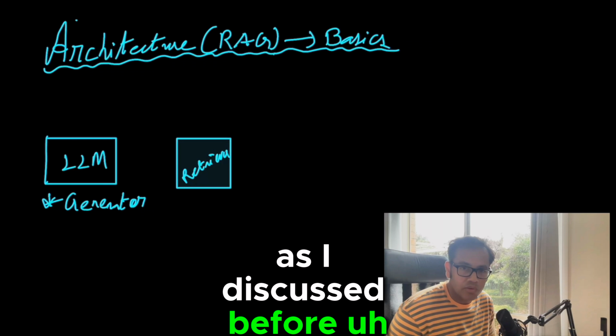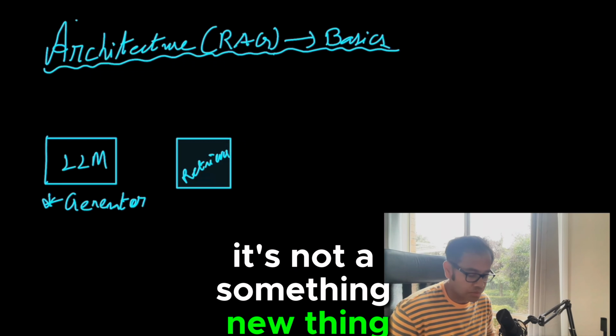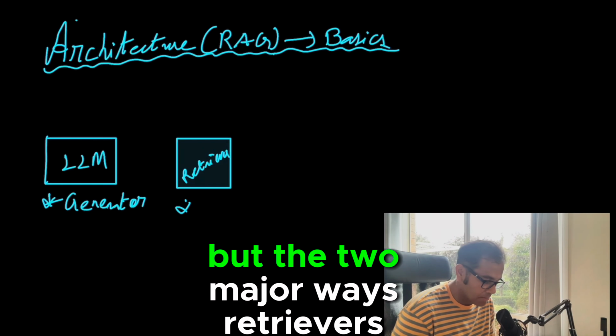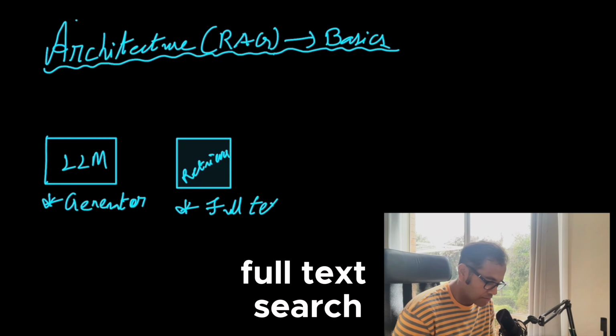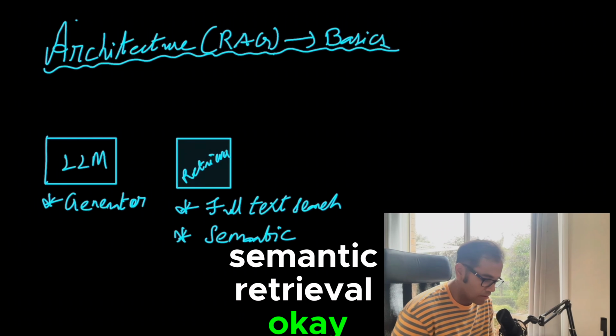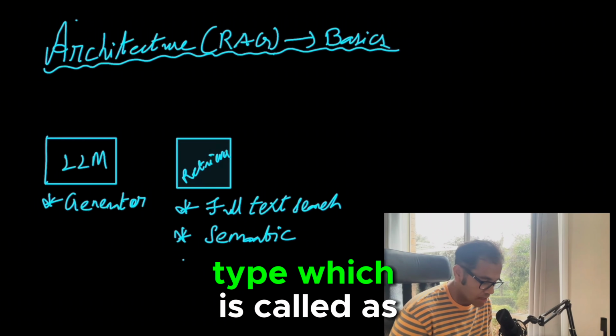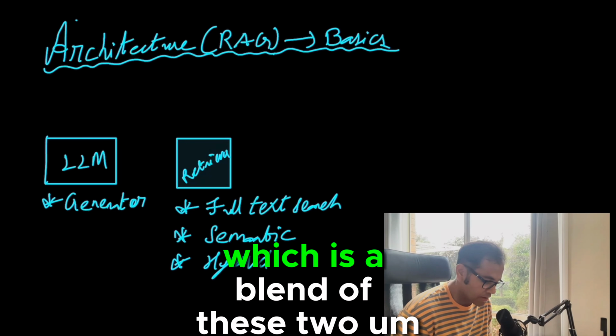As I discussed before, retrieval systems have a great history. It's not something new, but there are multiple ways it can be done. The two major ways retrievers are designed are full text search, or full text retriever, and the second is semantic retriever. Okay, and then there is another type that is called hybrid, which is a blend of these two.